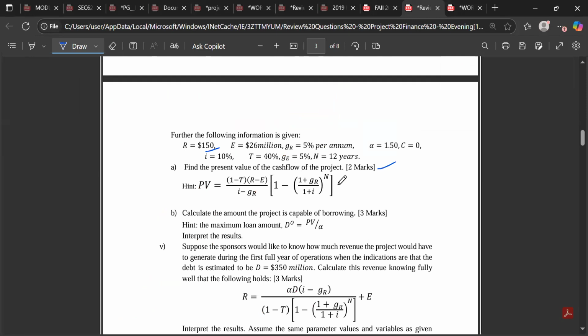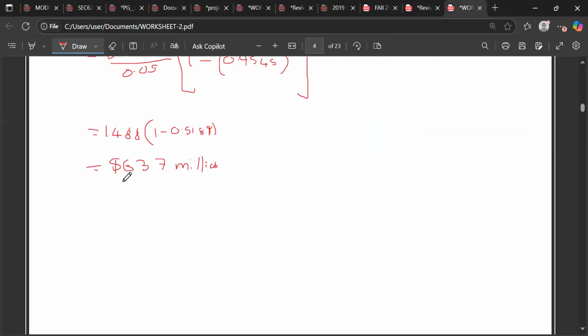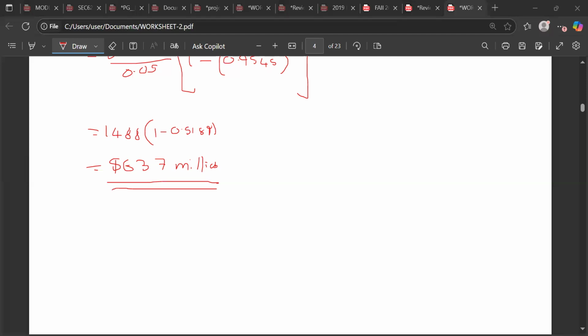The question says find the present value of the cash flow, just 2 marks. So the interpretation of the amount is: this is the present value of the cash flow of the project. That's all I'm saying in this case.